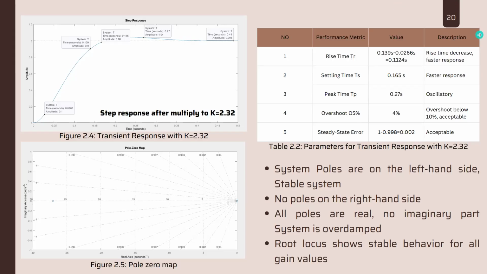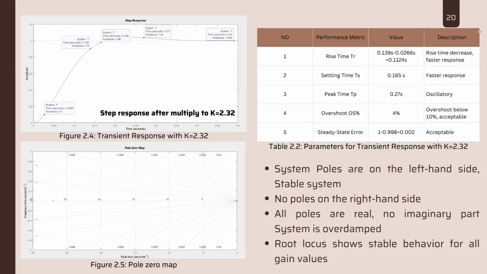Stop, stop. Anis, in your model, how many poles and how many zeros? Two poles and zero zeros, doctor.